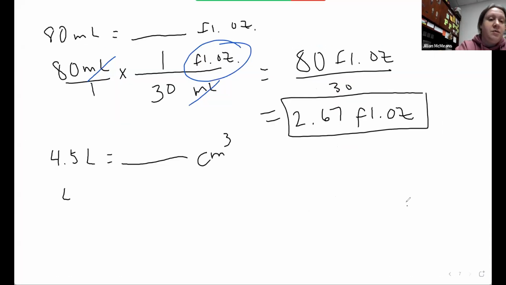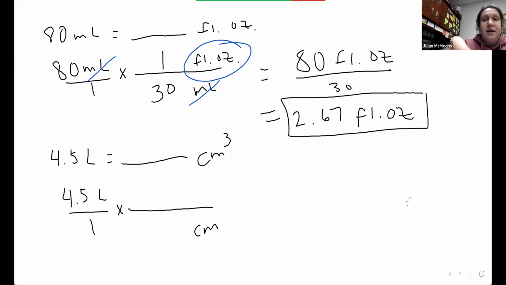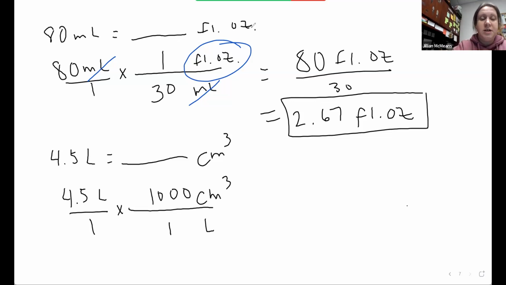So start with what you know. And multiply by a unit fraction that relates liters to cubic centimeters. All right, so remember 1 liter is 1,000 cubic centimeters. All right, and that just comes straight from the conversion sheet.